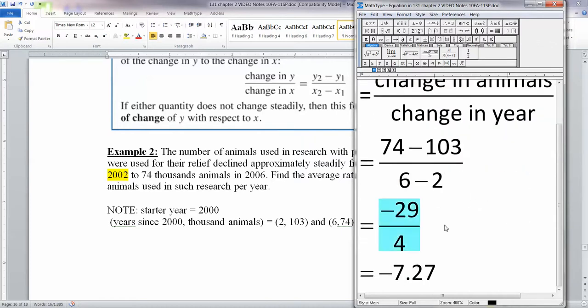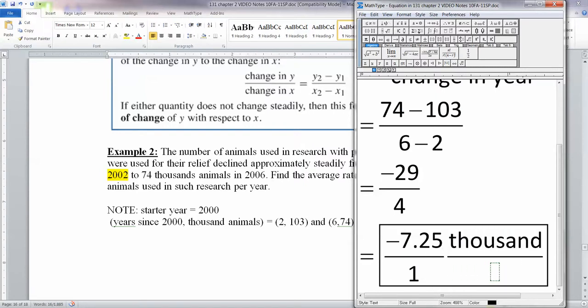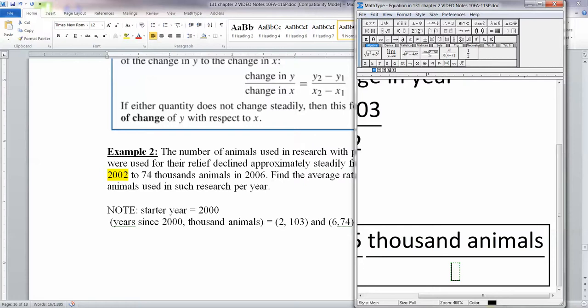So technically negative 29 over 4 is correct, but to be honest with you, negative 7.25 is the one you're going to use most often. Then you have to give it its unit. It's really over 1, if you want to know. So what are its units? It's 1,000 animals, because that's your Y, per year.